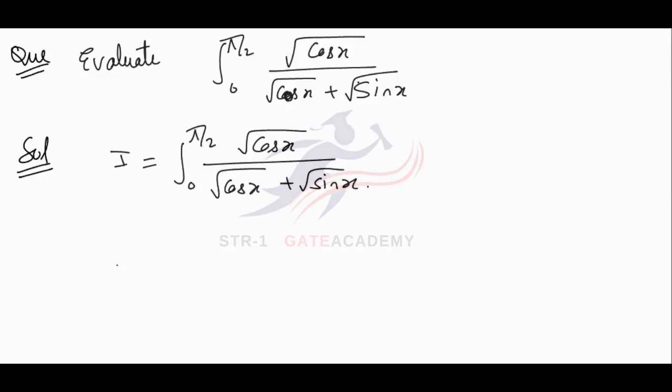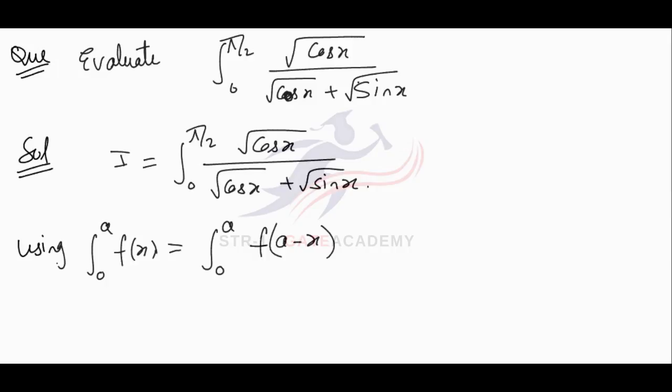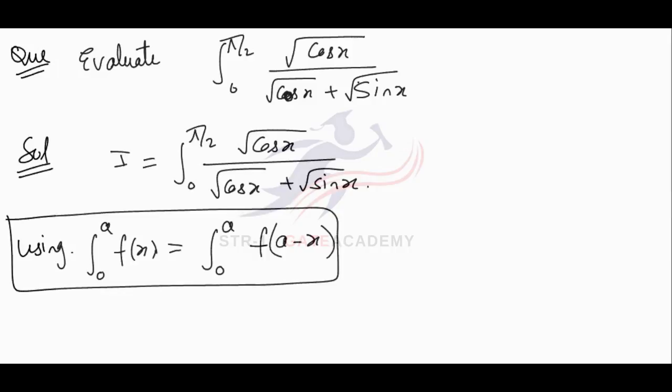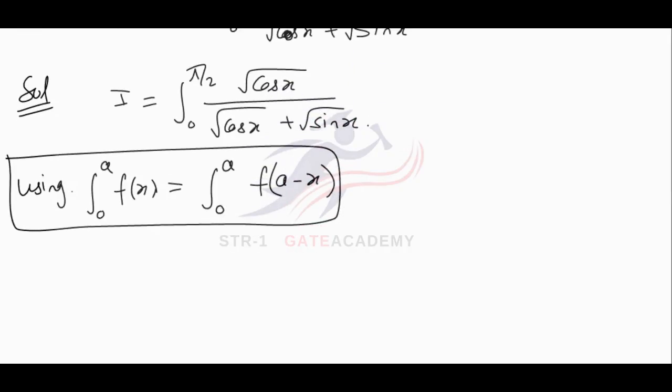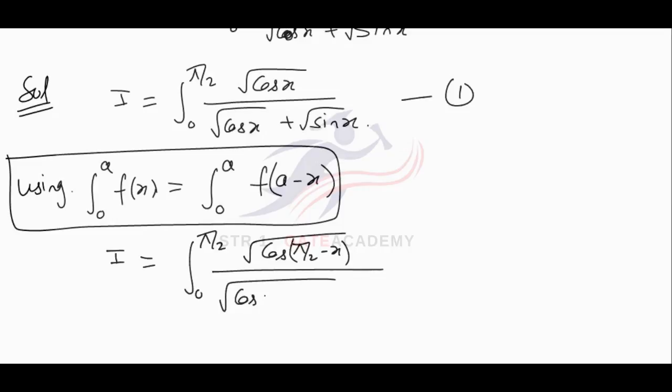We'll use a property here. The property says that integration 0 to a of f(x) is nothing but integration 0 to a of f(a minus x). Can we use that? Yes, we can. Let us understand. This is equation number 1. Here I will become integration 0 to pi by 2 of under root of cos of (pi by 2 minus x) upon under root of cos of (pi by 2 minus x) plus under root of sin of (pi by 2 minus x).